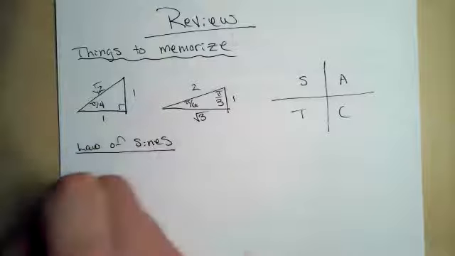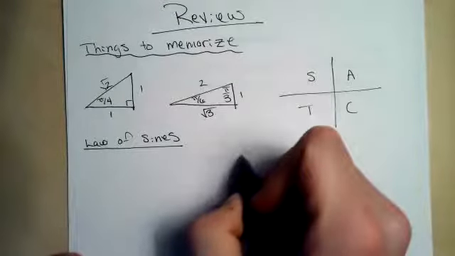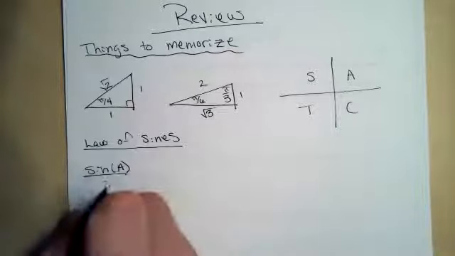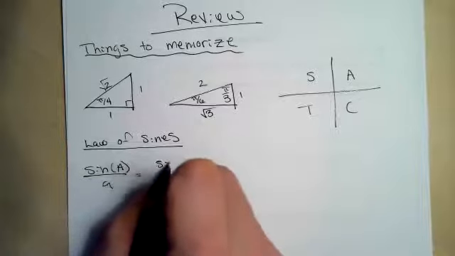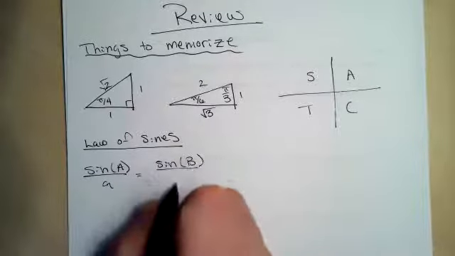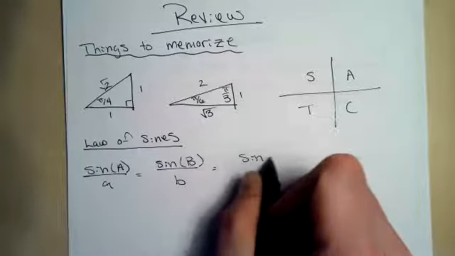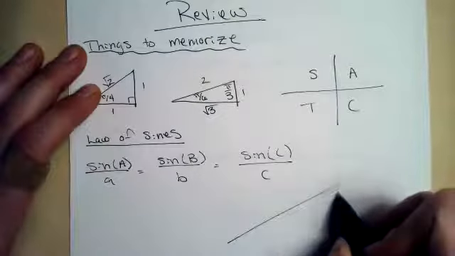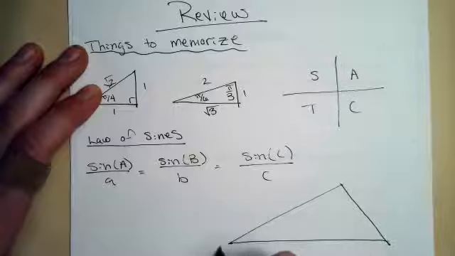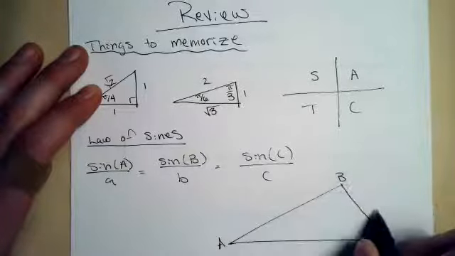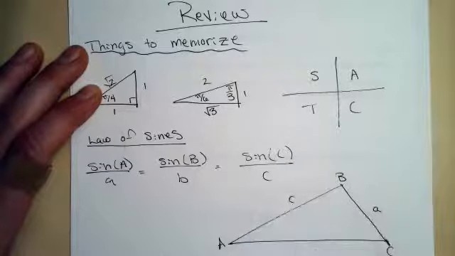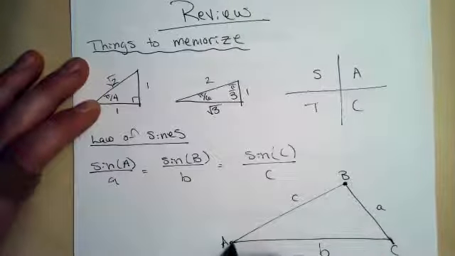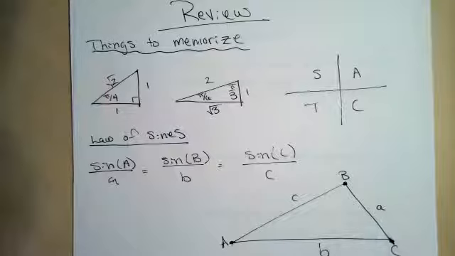You're going to want to know that. So if we have, let's write it as sine A over A equals sine B over B equals sine C over C. That's for any general triangle. You should understand how the labeling scheme goes as well, right? Again, the side and vertex with the same letter are always opposite, just different case.